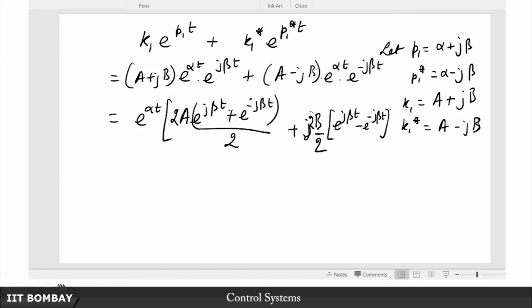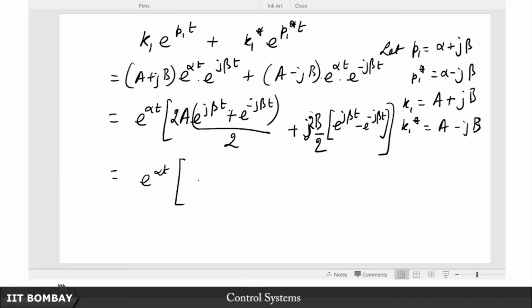Now how does this help, you might ask? Then we pull e to the alpha t out as usual, and let us say we pull out the 2 also.